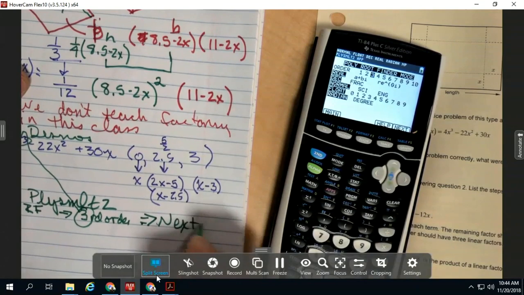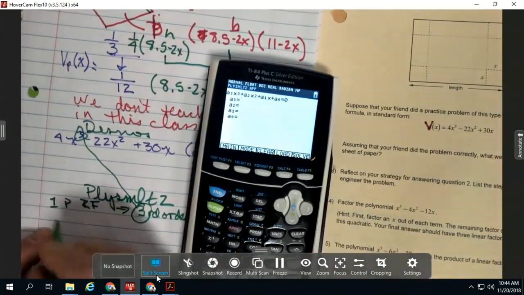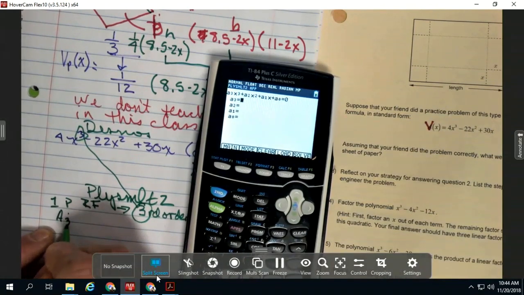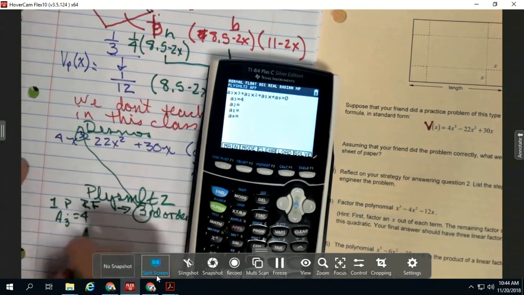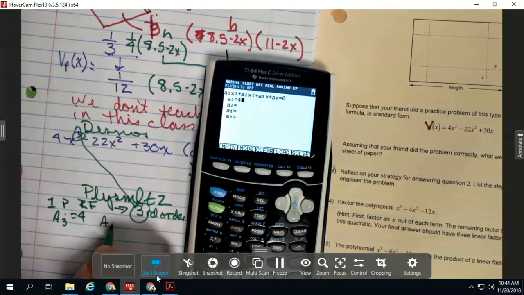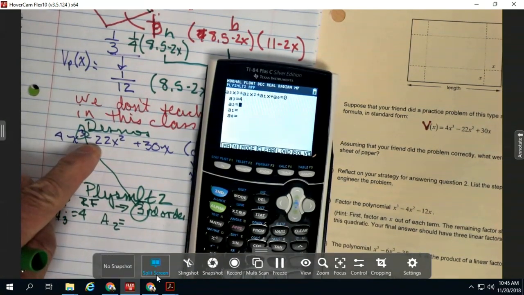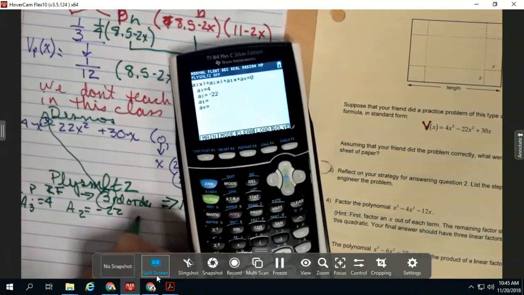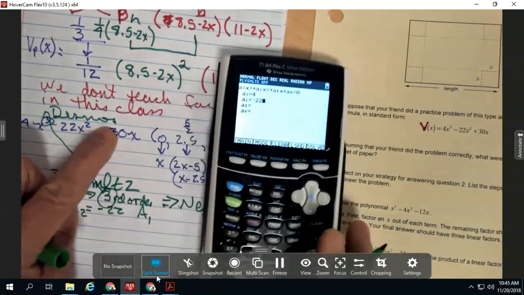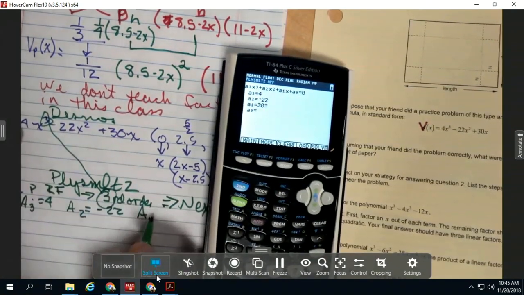Next, A3 is 4. A2 is negative 22. A1 is 30.